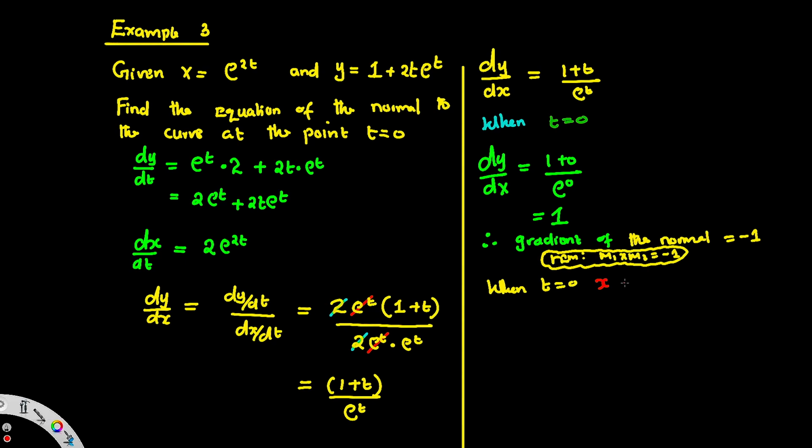So when t is 0, we can now get the value of x by substituting t equals 0 into the original parametric equation, so that we can get the coordinates. So we shall substitute it at this point and have our value as 1, and also in the second equation we shall substitute to get y, and we shall also get our final answer as 1 as well.